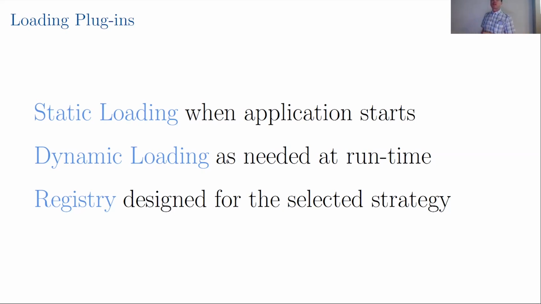The more sophisticated approach is that we load the plugins dynamically. So I can add a plugin at any stage while the core system is running, and it will pick up that the plugin is available and make that functionality available inside the application now that it's been loaded. And then you would have a mechanism to unload plugins when you no longer need them.